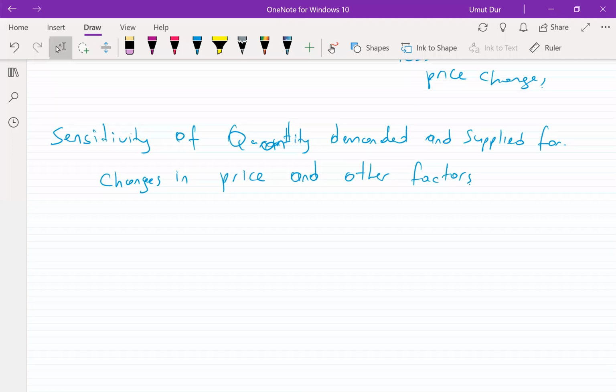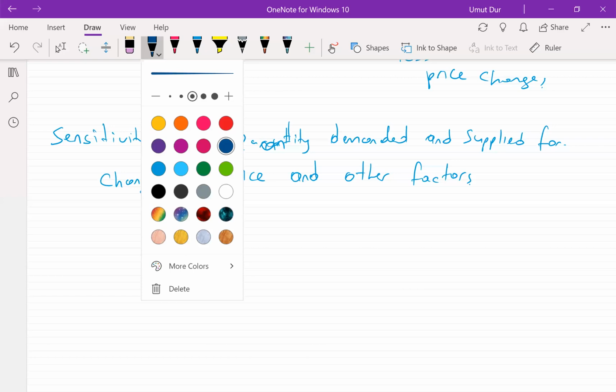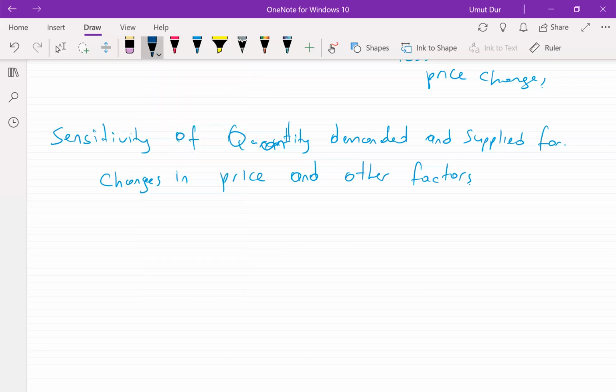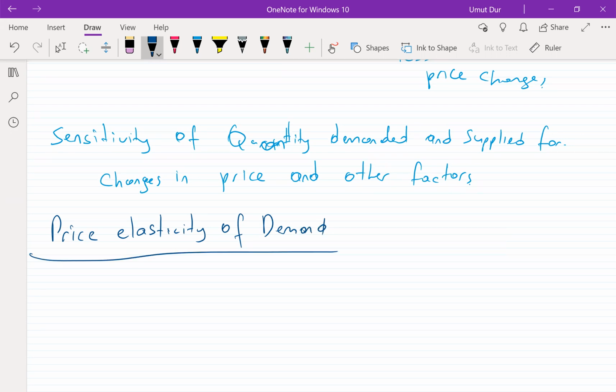Okay. So let's start with price elasticity of demand. Okay. So in fact, what we mean by elasticity is the sensitivity, and we will be looking at how the price change affects the demand.